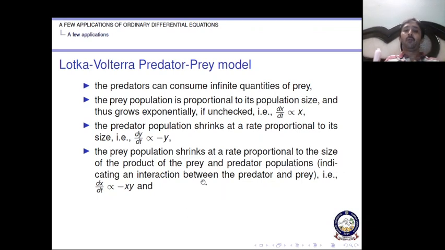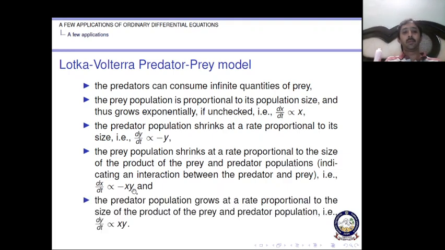So whenever foxes and rabbits come together, foxes eat rabbits, and because foxes eat rabbits, the population of rabbits is going to decrease. The rate of change of population of rabbits is going to be proportional to minus x into y is what it means. Here x into y indicates an interaction between the population of rabbits and the population of foxes. So dx by dt will be proportional to minus xy.